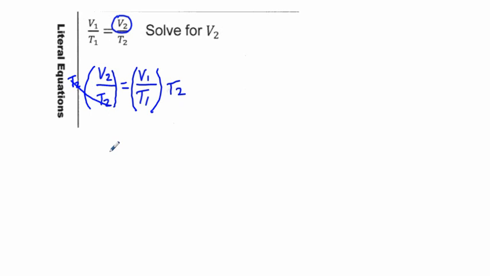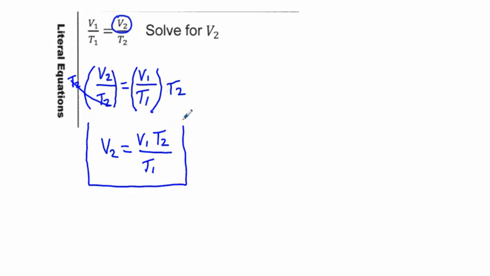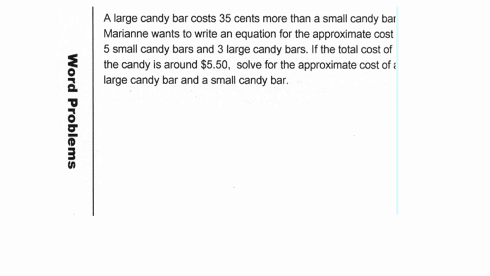Do it to one side, you do the other. So we have v sub 2 is equal to v sub 1 t sub 2 over t sub 1. So there we have it. Literal equation.